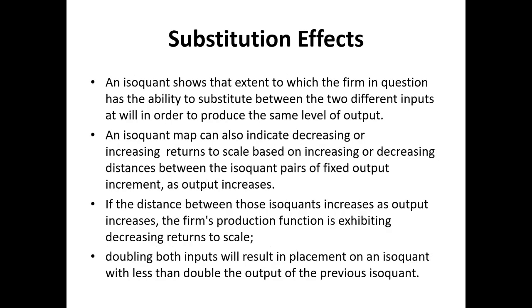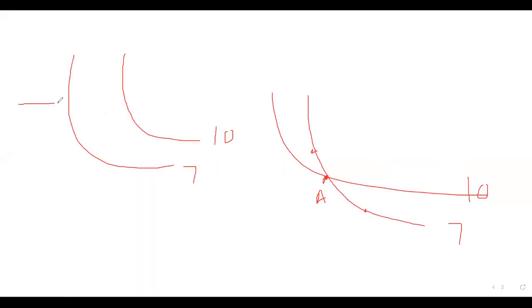So isoquants are represented by what we can call an isoquant map, which I illustrated to you earlier on. So what is the substitution effect with regards to isoquants? I said an isoquant shows the extent to which a firm in question has the ability to substitute the two different inputs in order to produce the same output. So they depict two different combinations. So here you could have 7 combination 3.